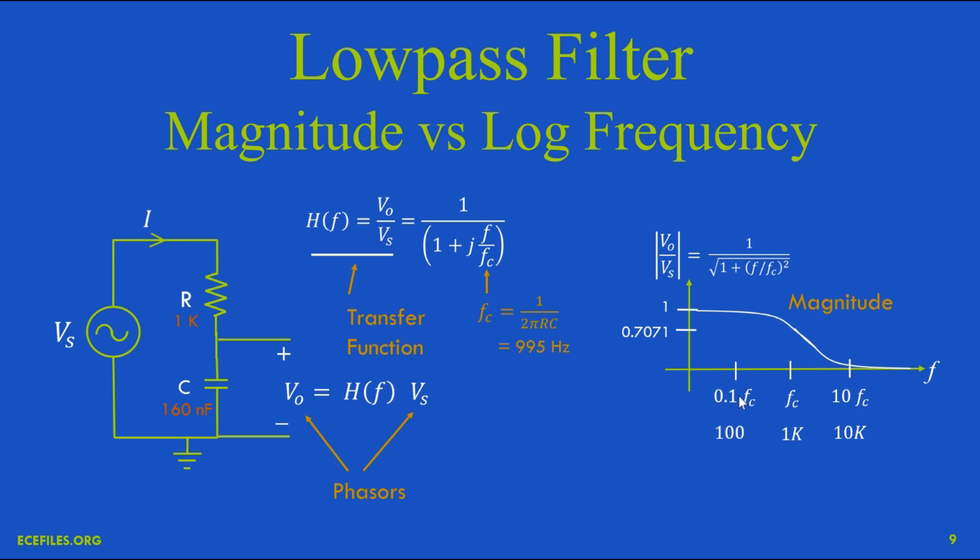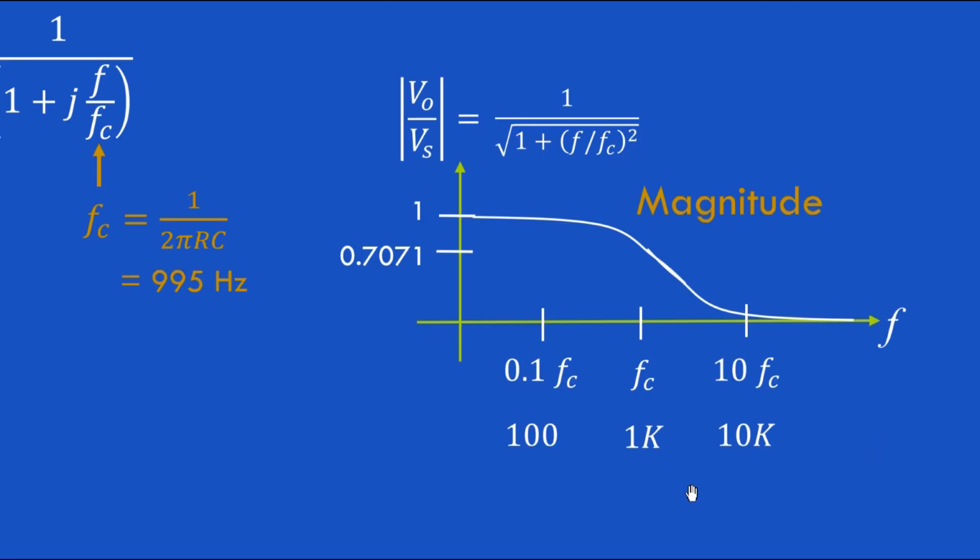So in addition to labeling it as shown here, I've actually put 100, 1k, and 10k hertz. And from this graph, we can now read off some useful values. For example, we could say, oh, this is a 1 kilohertz low-pass filter because we're down to 1 over the square root of 2 at 1 kilohertz.